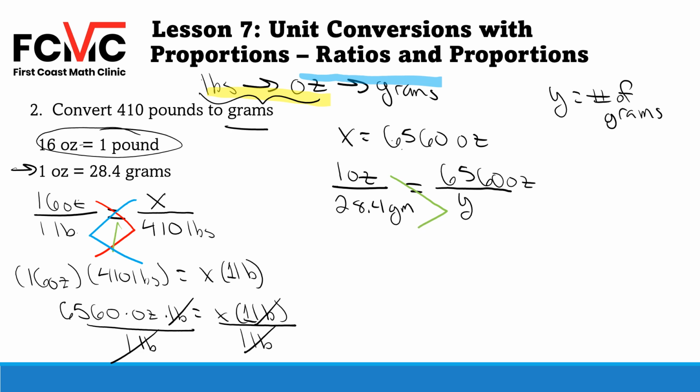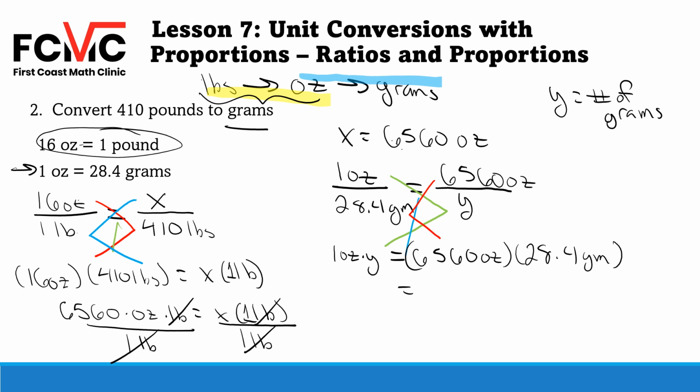I'm going to cross multiply. 1 ounce times y. Bring down the equal sign. 6,560 ounces times 28.4 grams.